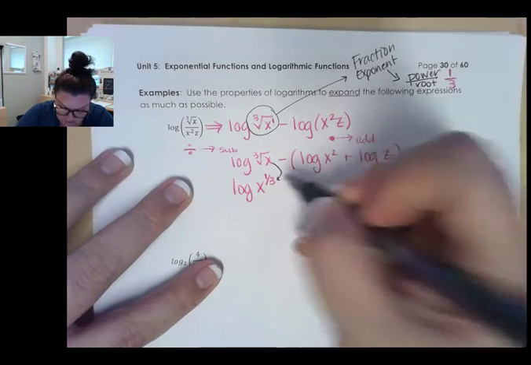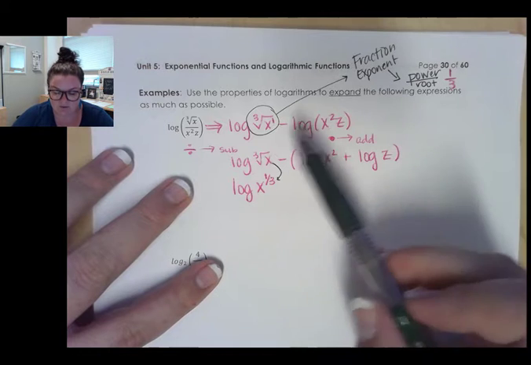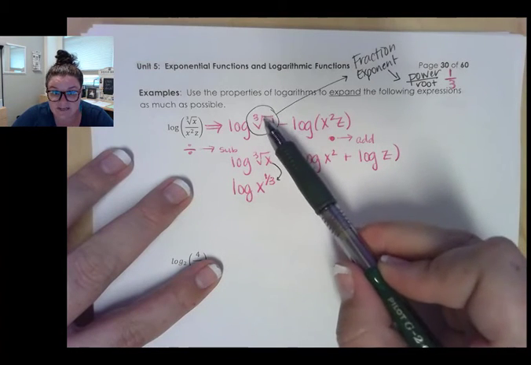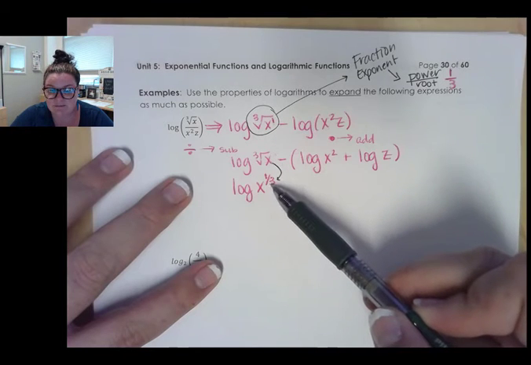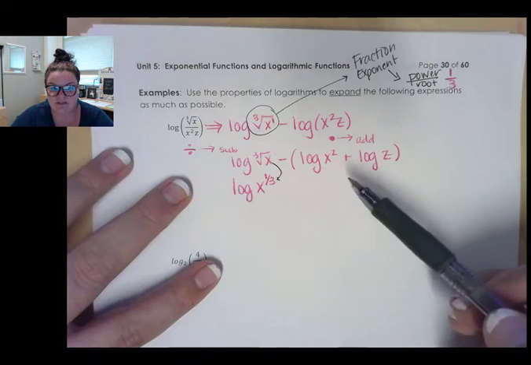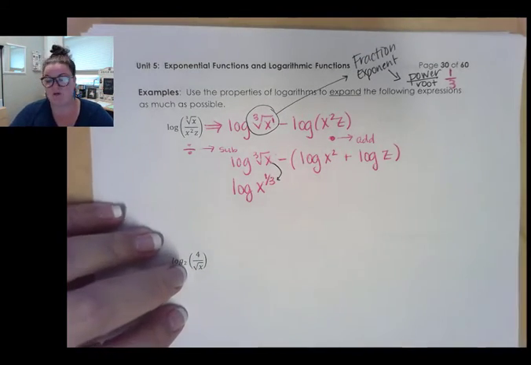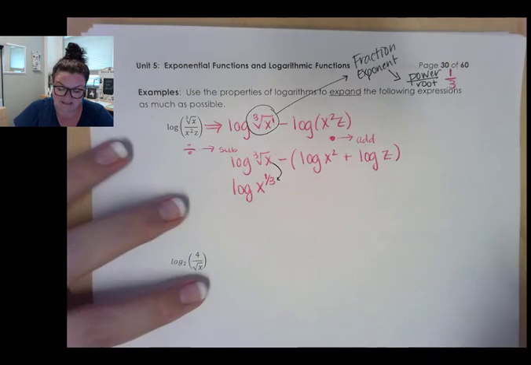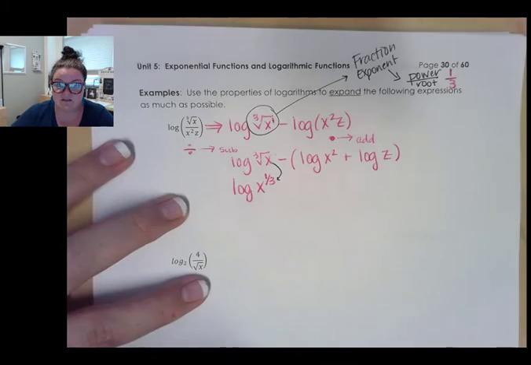Okay, so going from here to here, I'm just using this fraction exponent rule that says I can write anything that's under a radical in a fraction exponent form by just identifying what its power and its root is. So this is x to the 1/3, okay? And why that helps us is because now that's an exponent that, using the power rule, I can bring down out front, okay?